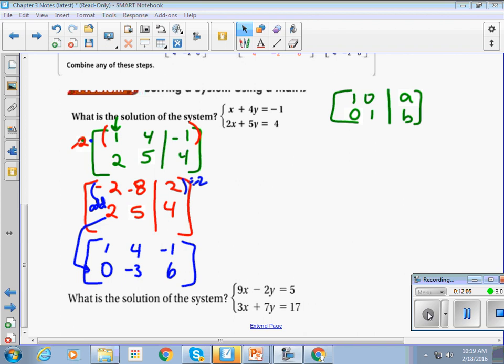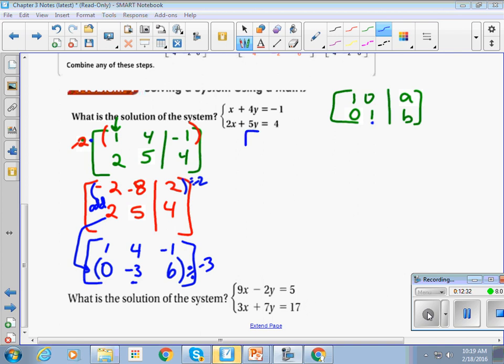What do I want in this y column? I want a 1. So if I divided this by -3, or I could multiply it by -1/3, I would get a 1 in that column. So I'm going to go ahead and divide it by -3.